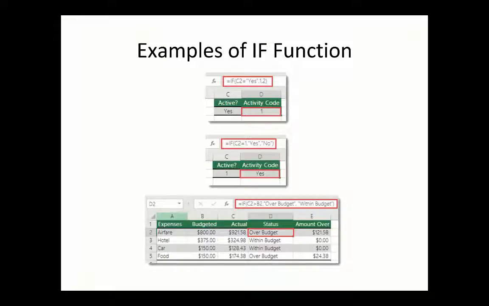Next, we specify our conditional statement. In this example, we want to test if the data in cell C2 is equal to yes. If this is true, we will return a 1, and if this is false, we will return a 2. After you hit enter, you will see that the number 1 is returned because our conditional statement was found to be true.